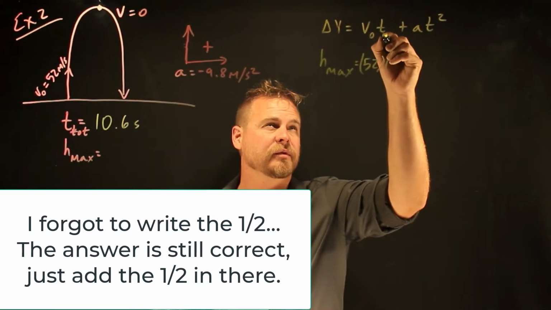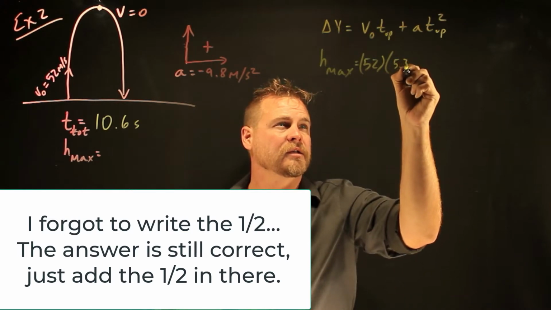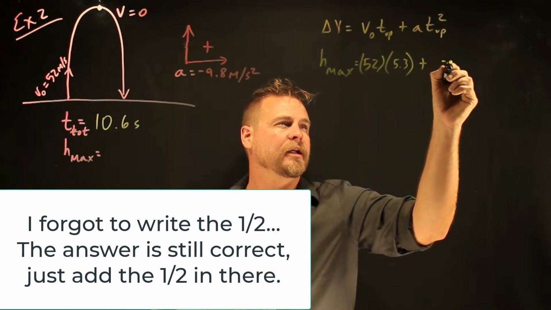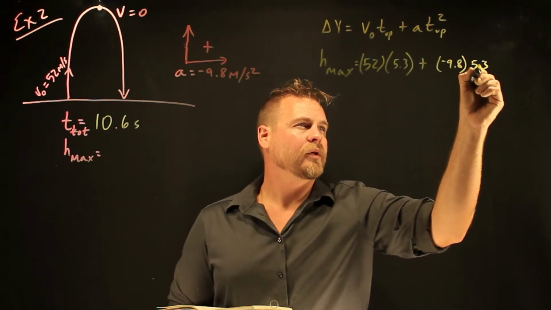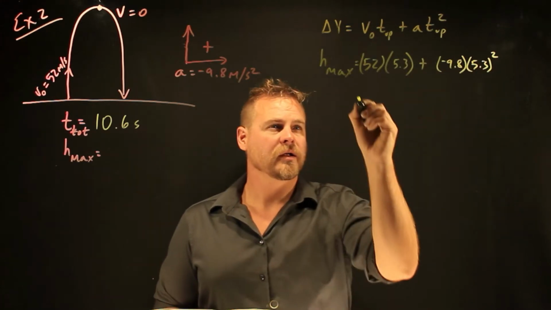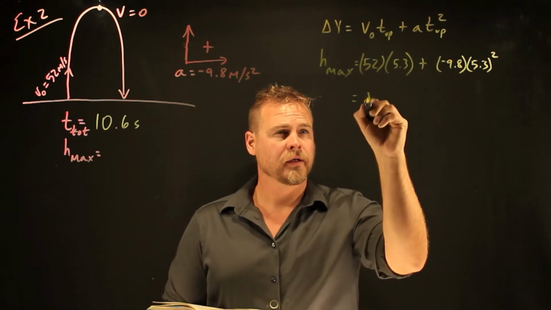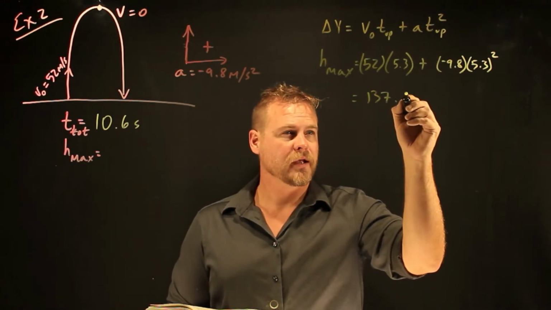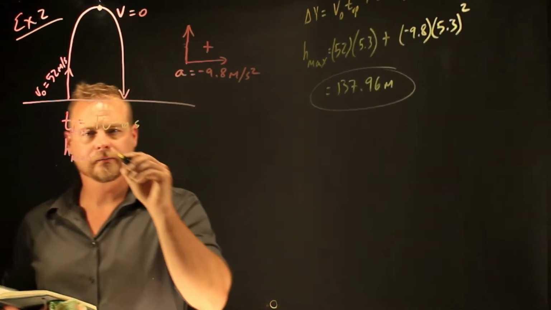And that's what can sometimes get confusing here. So I want that 5.3 seconds, the half air time, plus negative 9.8, and then the 5.3 seconds squared again. So when I do all that math, I'll get 137, 138 meters for the maximum height.